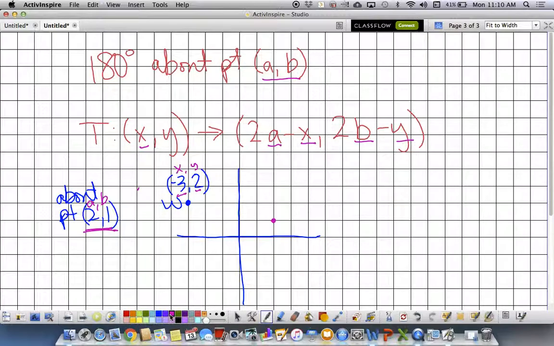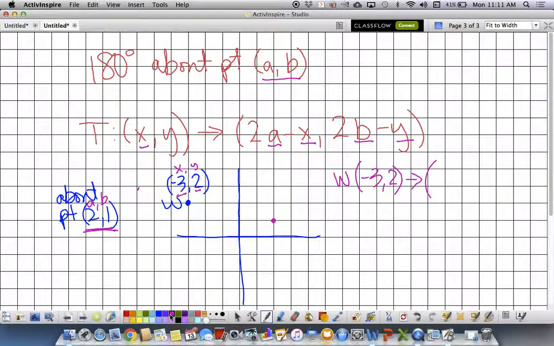Okay, Landon, walk me through. How are we getting our W prime? Well, you're rotating 180 degrees. So you plug in X and Y, which is -3, 2.